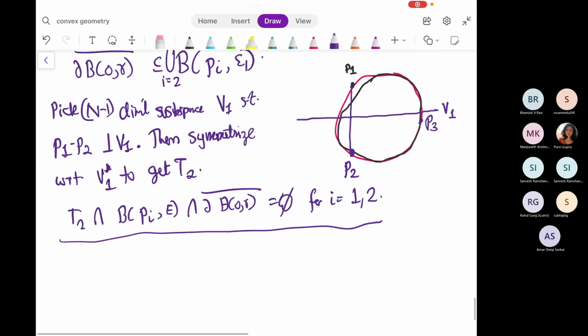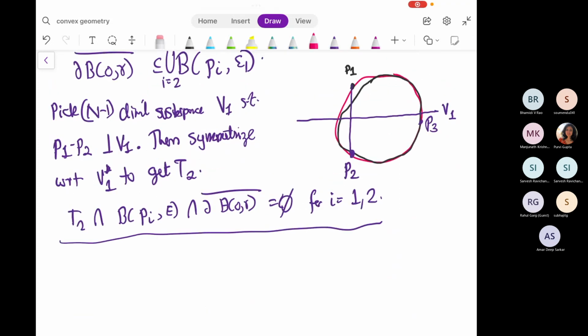So what will happen is, let's say this is the ball of radius r. T2 will now miss P1 and it will miss P2. So it will kind of look like this, P1 and P2. So this is T2, but then you can create a T3 and so on.